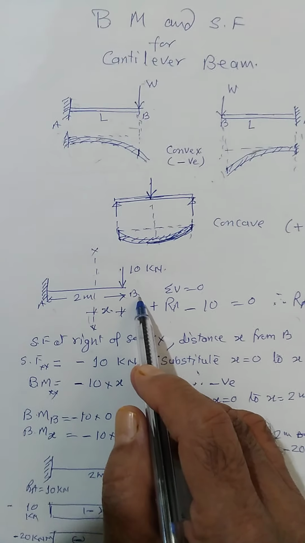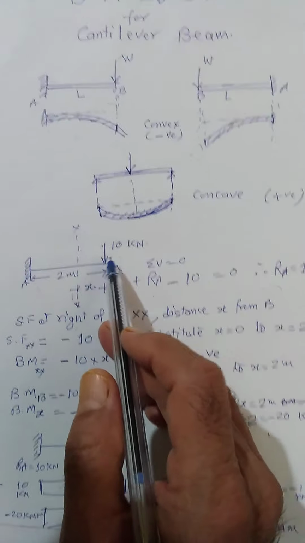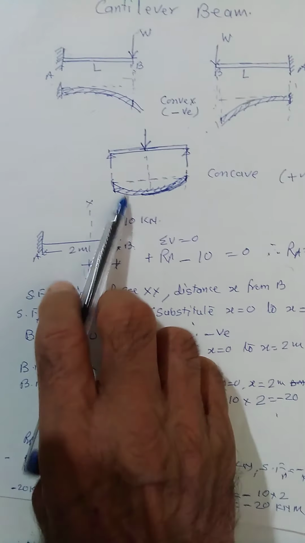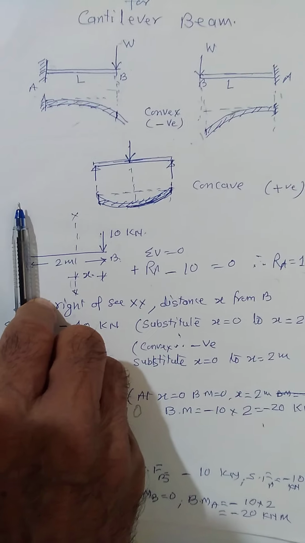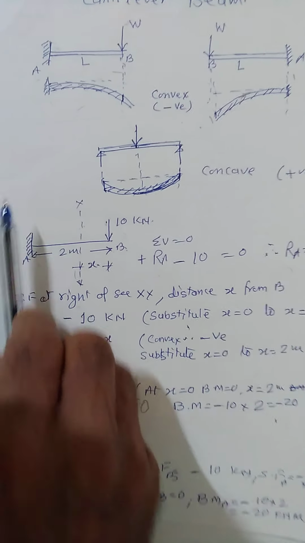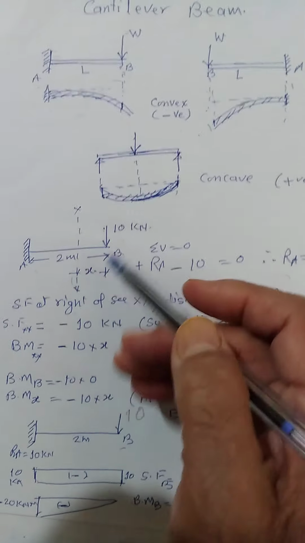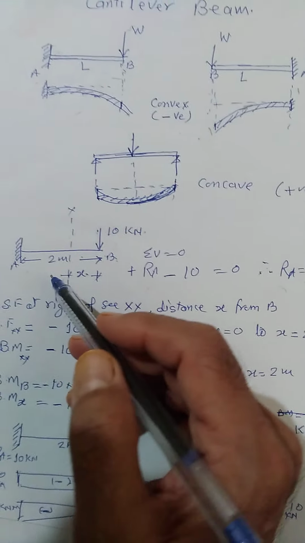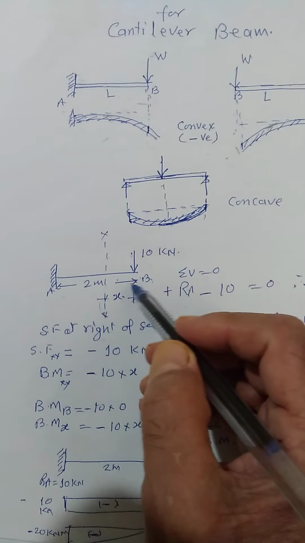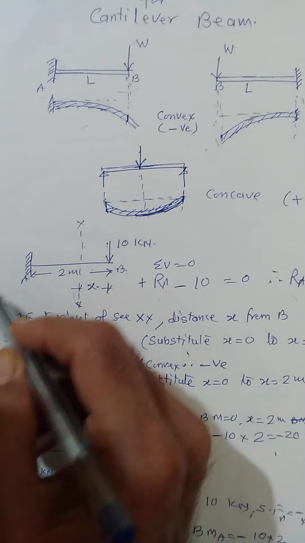Just like in this case, if I want to find the shear force, it will remain the same, 10 kilonewton, again here 10 kilonewton, throughout it will be 10 kilonewton. But if I want to find the bending moment, it is 10 into x, 10 into 1, 10 into 2, and so on, going on increasing.